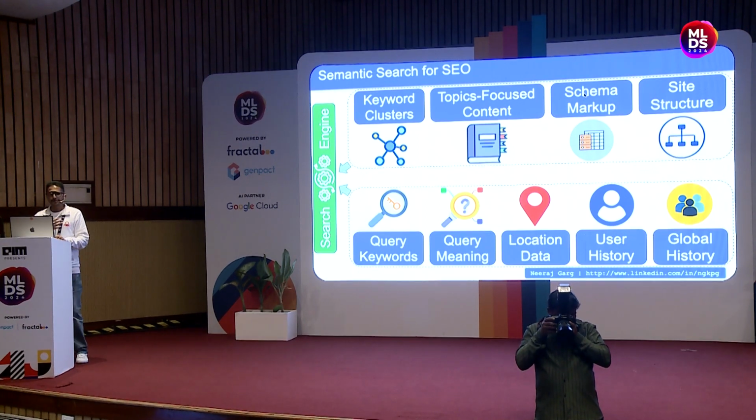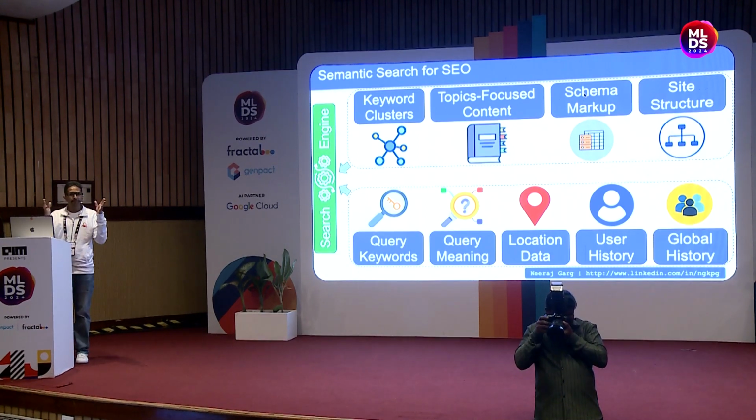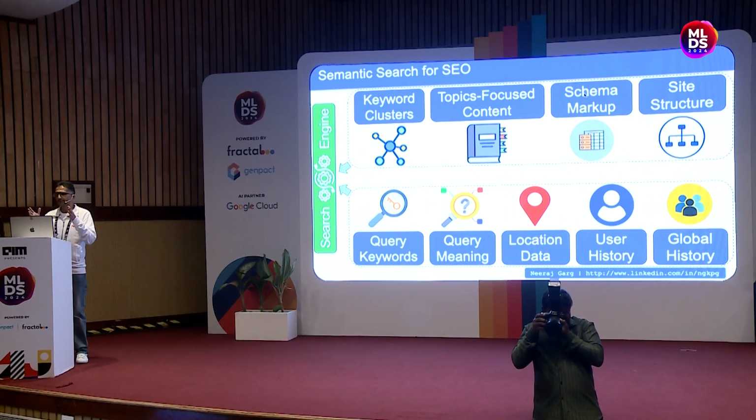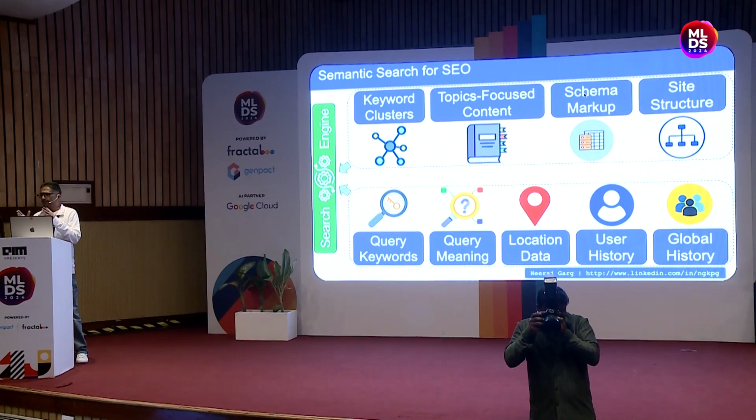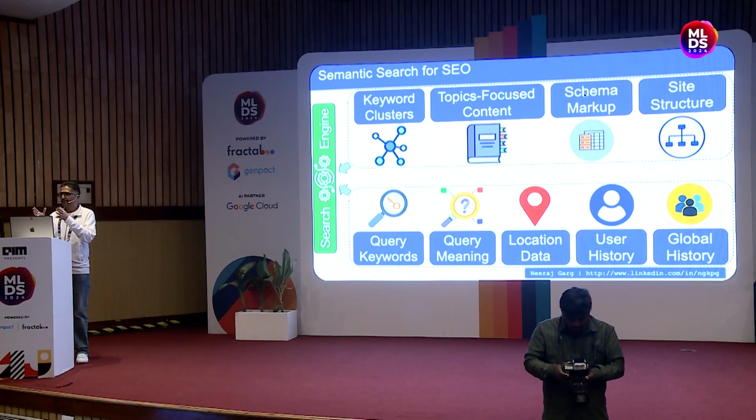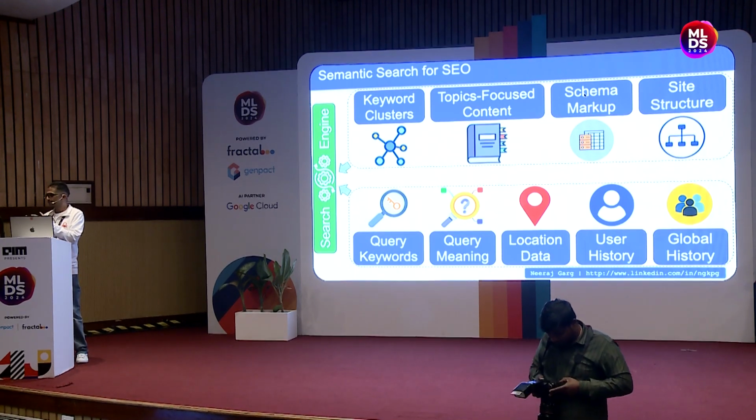Now, what can we do to ensure that our web pages secure a good rank when the user searches for something relevant to our web pages in a search engine? The first thing we need to do is to shift our focus from keyword-focused content to topics-focused content.